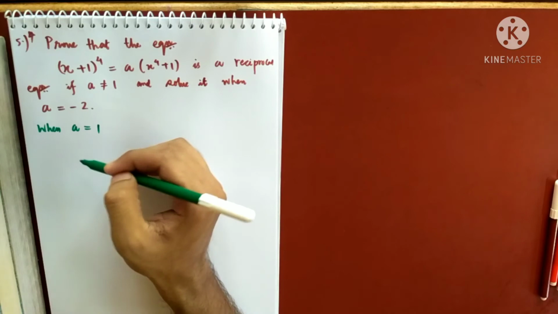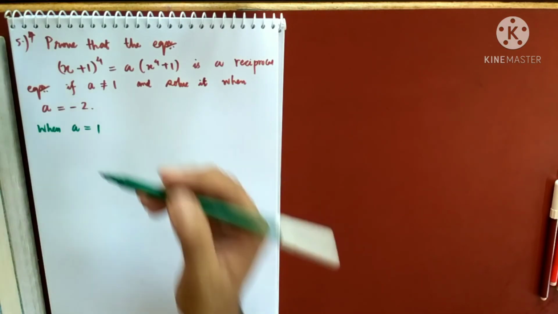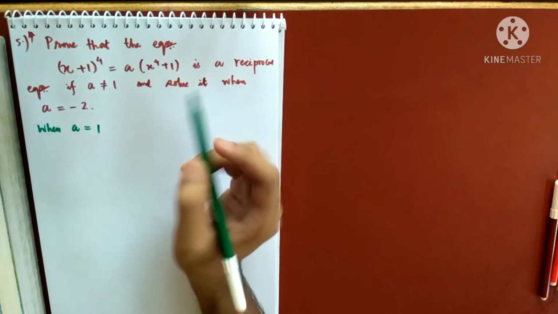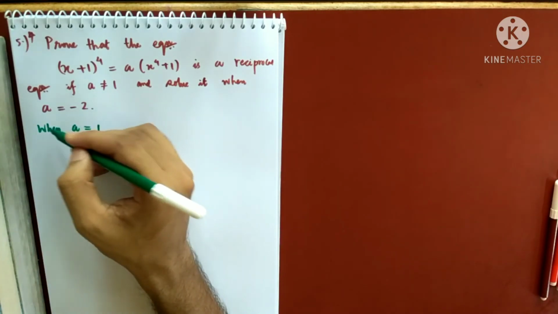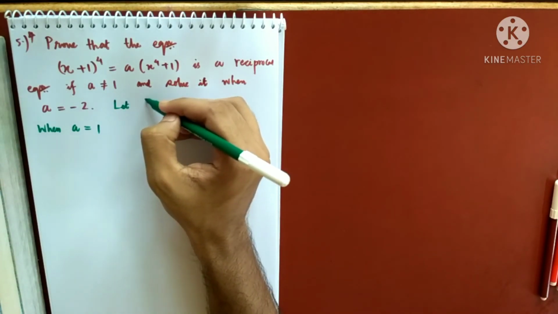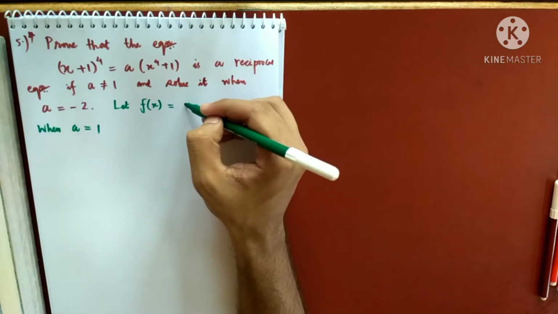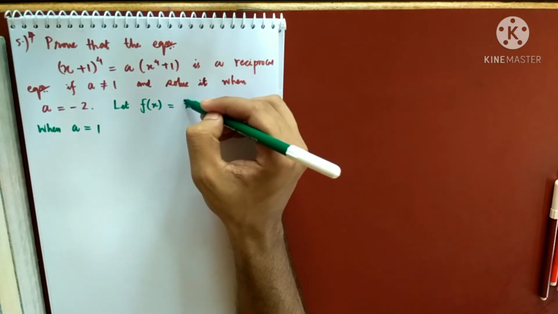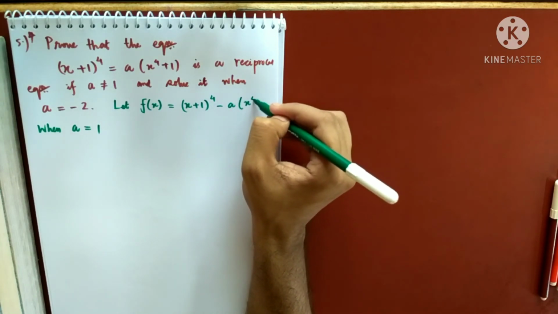When a equals to 1, what are we getting? Just a minute. Let me call this some function. So let f(x) equal, sending everything to the left hand side, x plus 1 whole to the power 4 minus a times x to the power 4 plus 1.